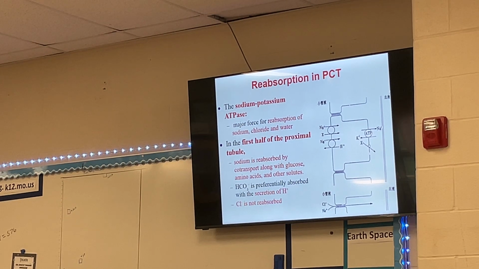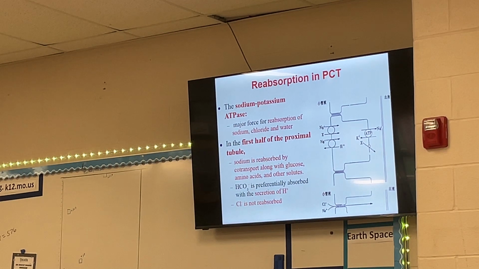Sodium and potassium are being reabsorbed with chloride and water, and this is all in the first half of the proximal convoluted tubule. Sodium is reabsorbed by co-transport, and that's where it's doing that piggyback part with the secondary active transport. So it's getting moved through that proximal tubule almost as soon as it comes out of the glomerulus.